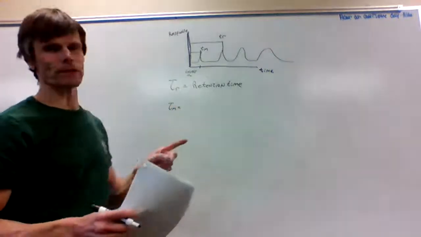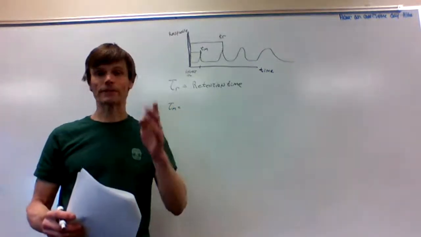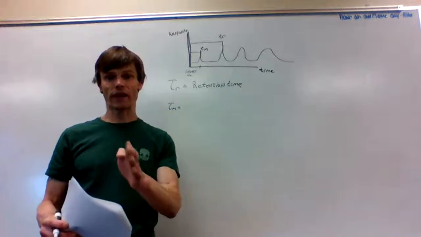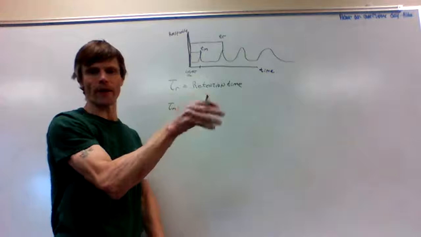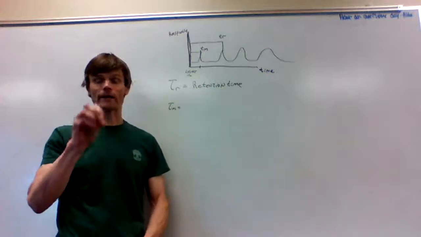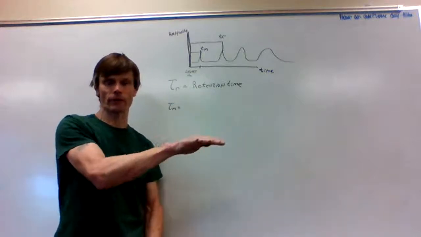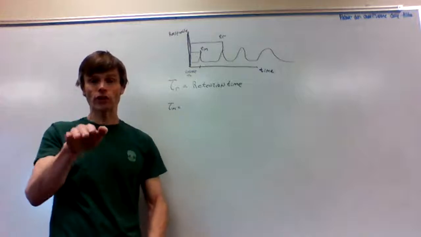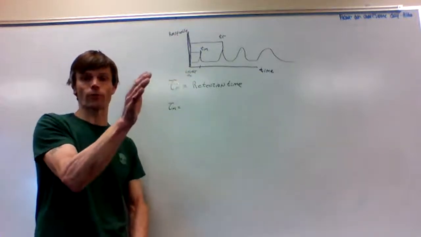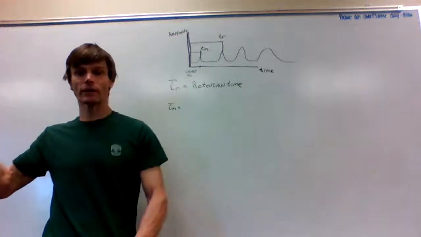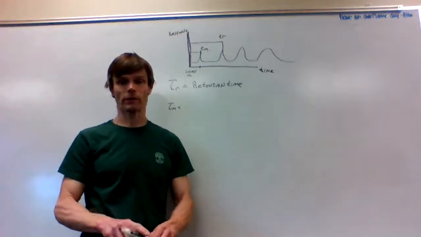This small species is a species that doesn't interact with the stationary phase. In other words, this one comes off very quickly. It doesn't interact at all with our stationary phase, and it gives us some information about the time it takes for solvent to flow from the beginning of our injection down to our detector.